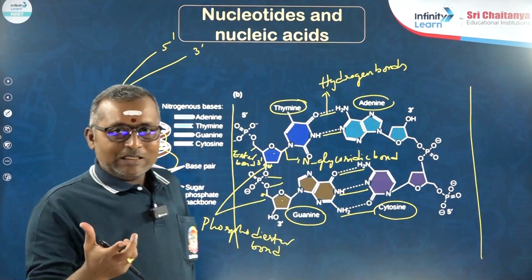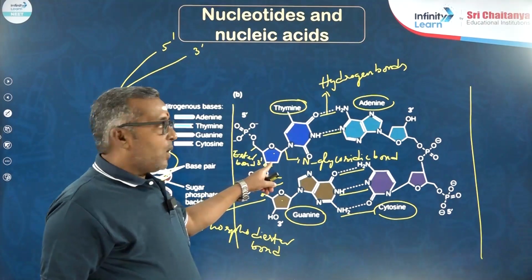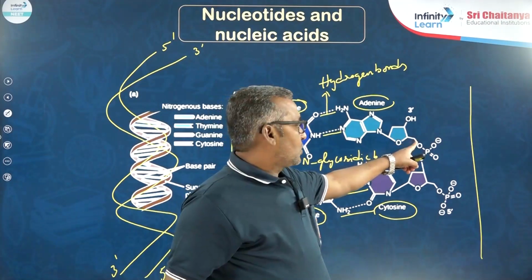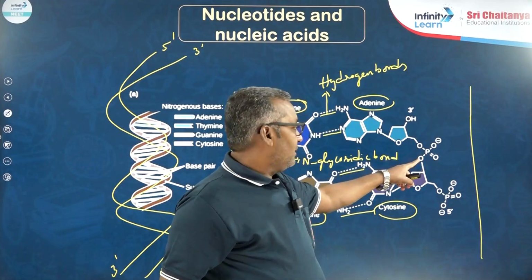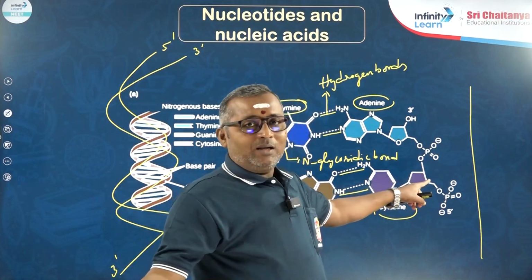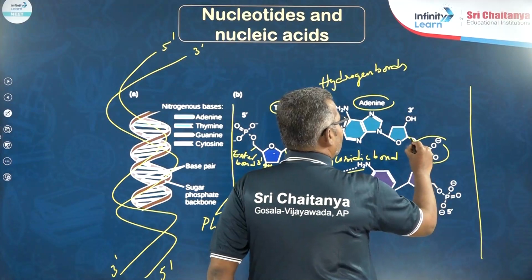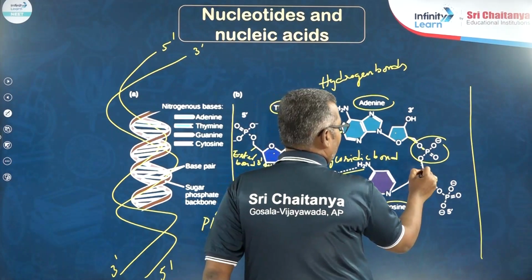So, phosphodiester bond formation takes place between the 3' hydroxyl group of pentose sugar of one nucleotide to the phosphate and to the 5' carbon of the pentose sugar of the next nucleotide. This phosphate is forming an ester bond with this pentose sugar and also with this pentose sugar.